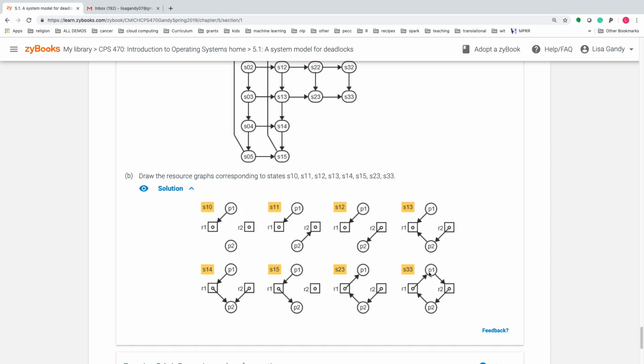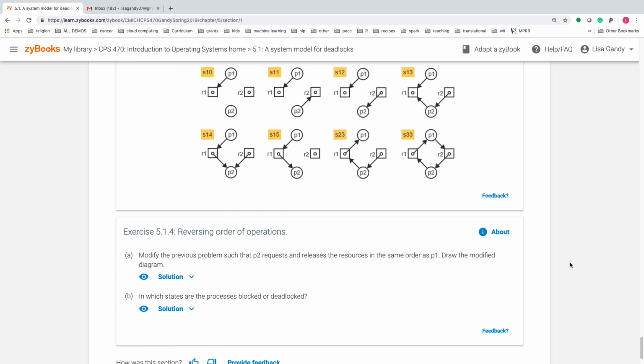R2 is allocated to P2. And process 2 is asking for R1. So that's deadlock. Sorry, yes, the opposite. Okay, so that's the main thing.